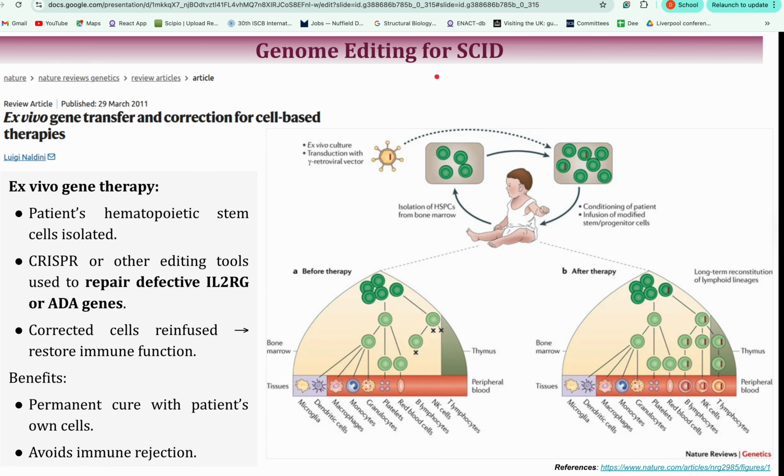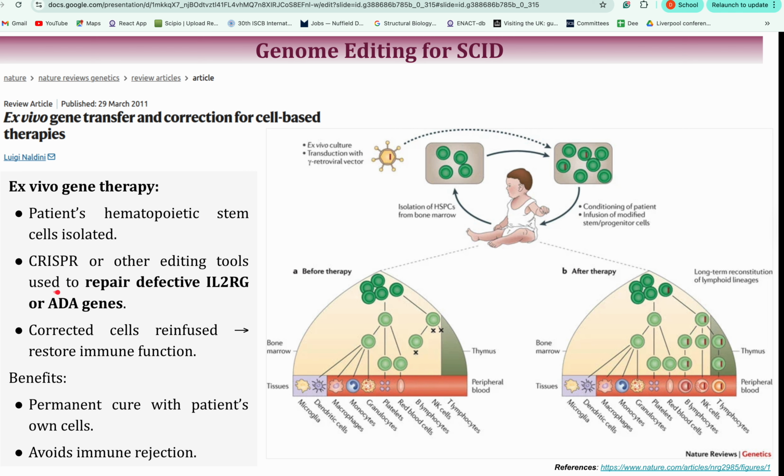Now, how can we use genome editing to treat these disorders? Genome editing for SCID. One review is on ex vivo gene transfer and correction for cell-based therapies. This tells you how with ex vivo gene therapy we can treat SCID. Patients' hematopoietic stem cells are isolated.